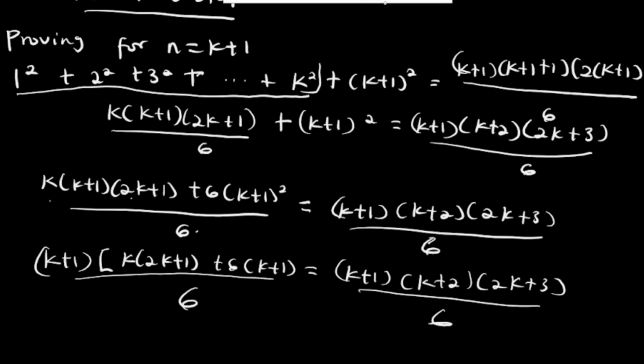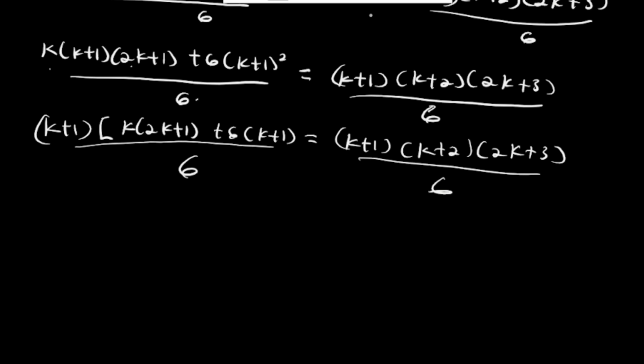We move on with our simplification, and at this point we can simplify what is in here. So k plus 1 out. What I have here will be 2k squared.